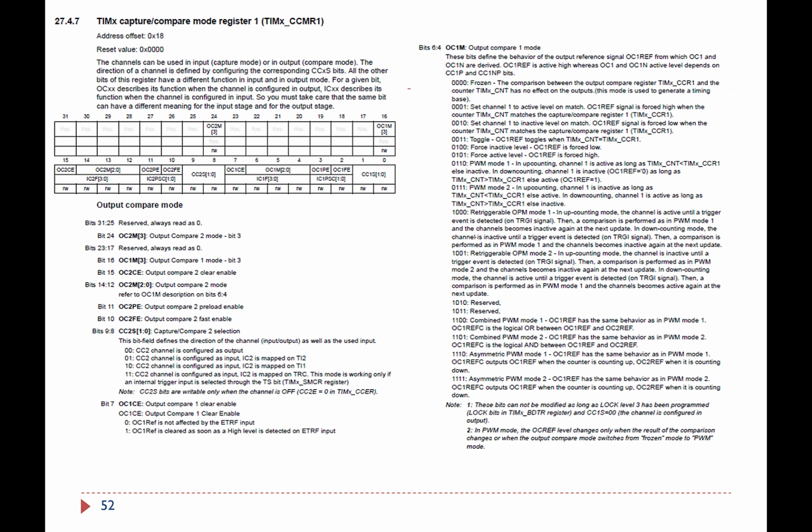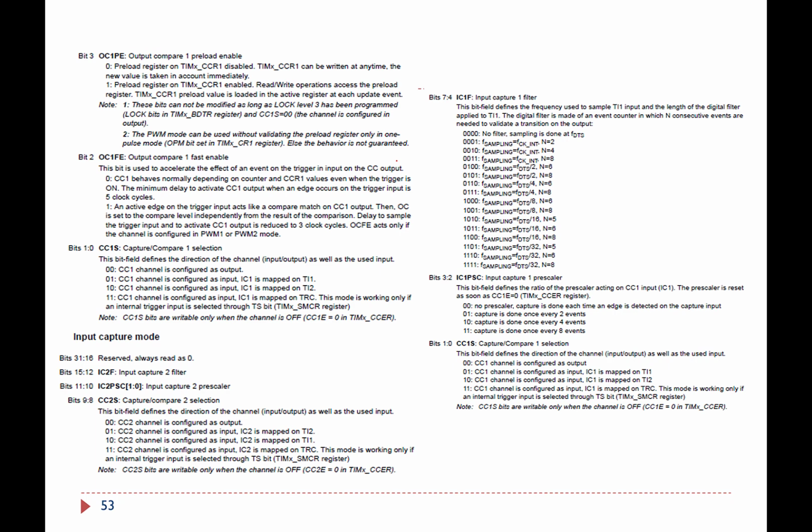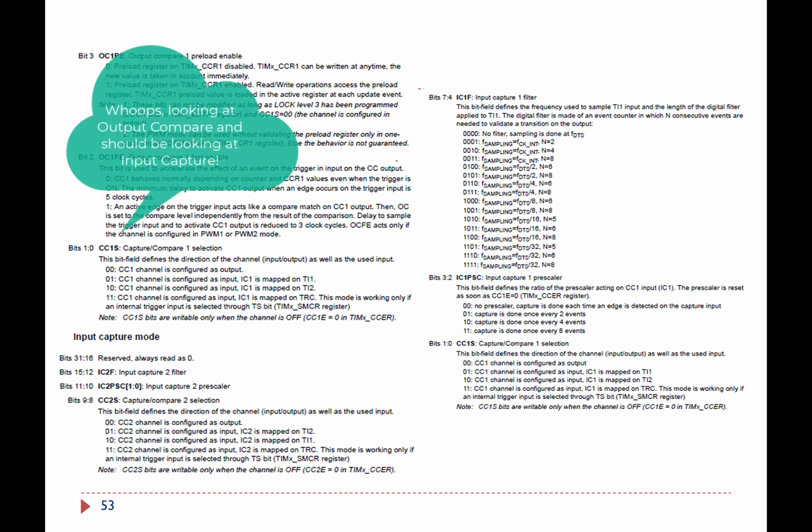Okay, so it's these two bits here, and you can see, what does it show? It shows here, got to go over here because we're way back. We're looking at these bits.